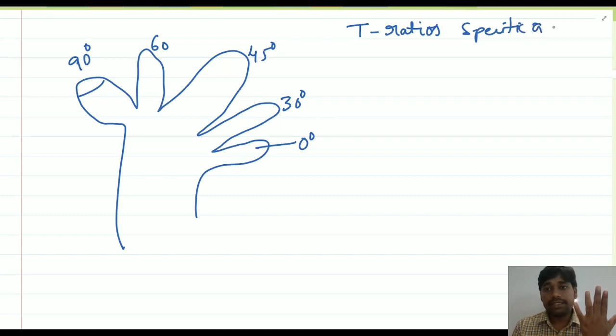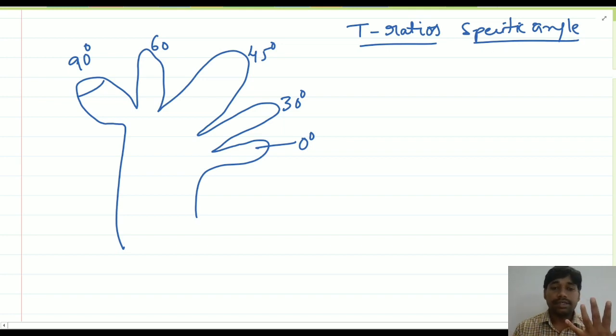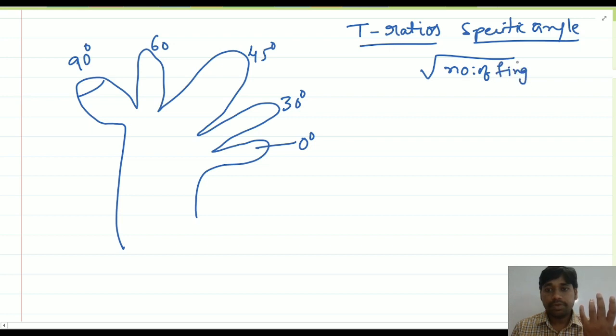Specific angles. What are those specific angles? For that I drew this diagram for you. So the trick is simply: under square root, the number of fingers left, by 2.